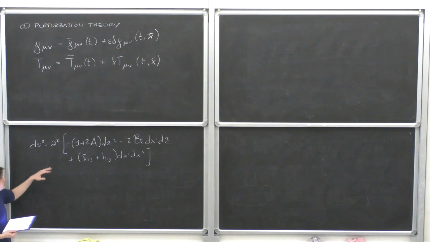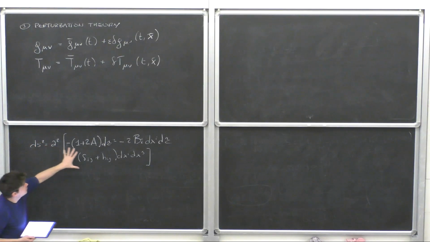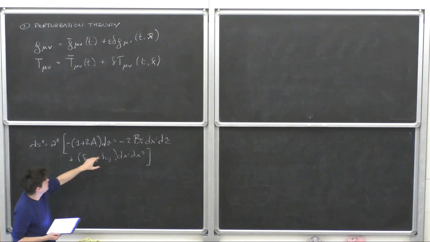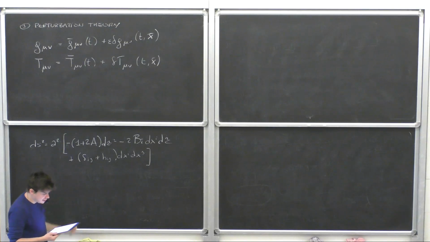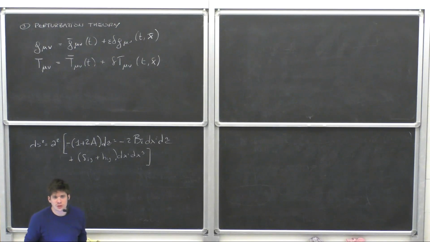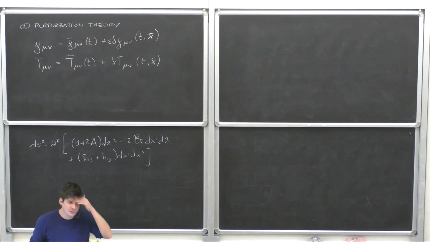Very good. So we have written down tiny perturbations of the FRW metric in conformal time. We are going to consider the flat FRW solution because doing perturbation theory around a curved background is technically more complicated.